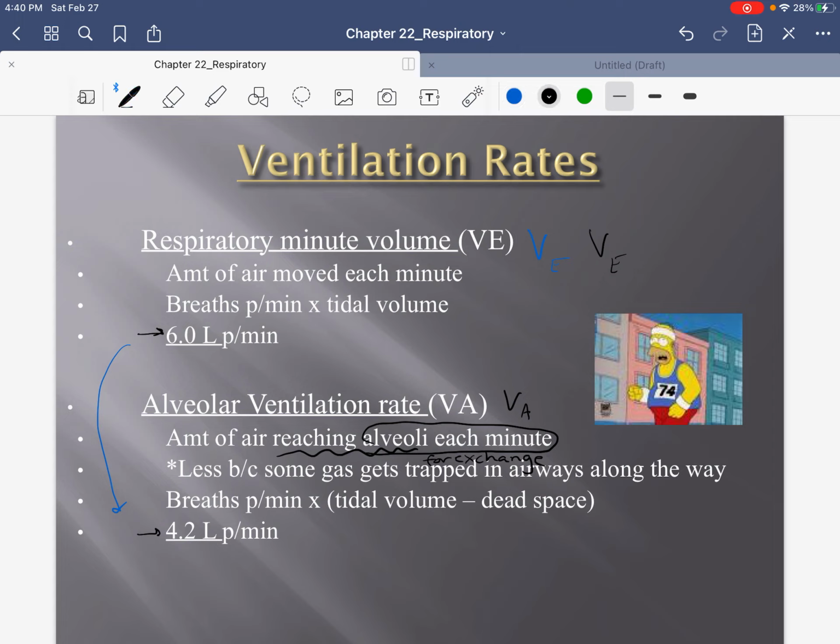We're going to discuss that next, because some of the air is lost along the way. It's going to be called a dead volume, which we'll talk about in a minute. For now, we're just saying that we breathe in more air, but not all of it makes its way down to the alveoli for exchange.